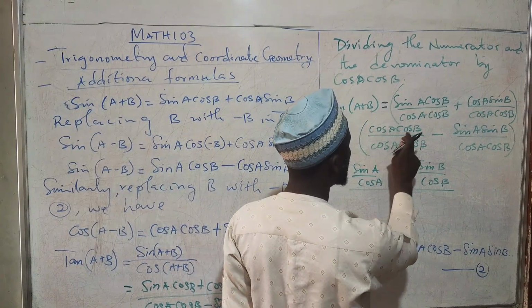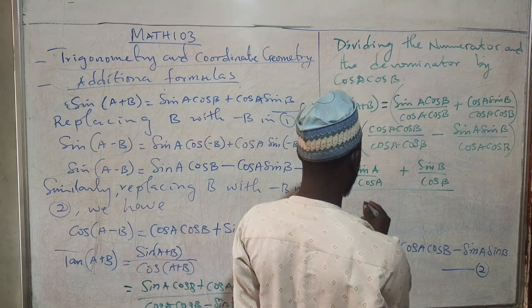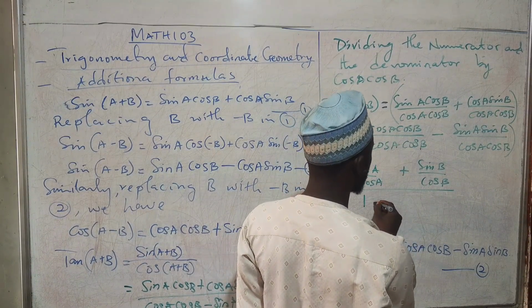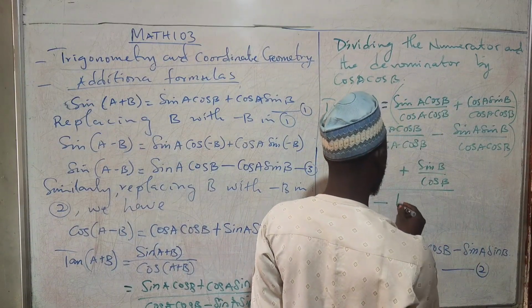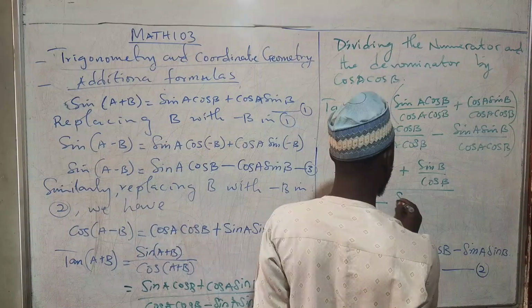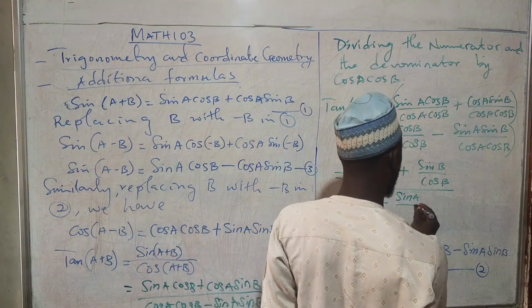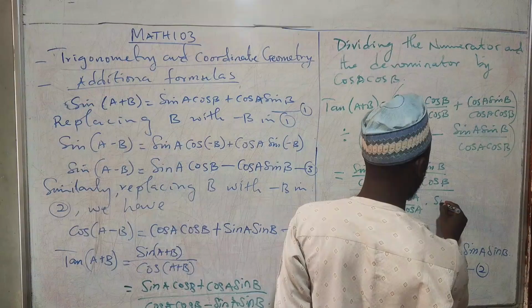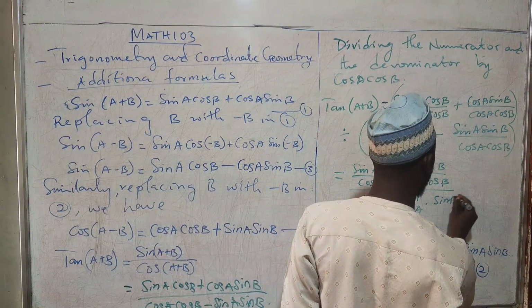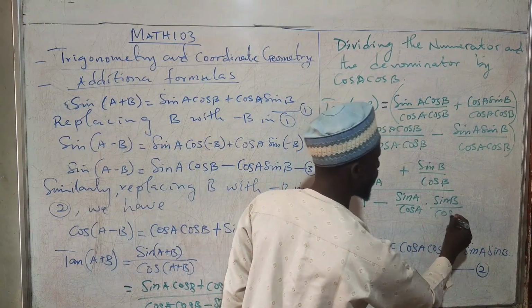Cos A cos B over cos A cos B, the answer is 1. So I have minus sine A over cos A times sine B over cos B.